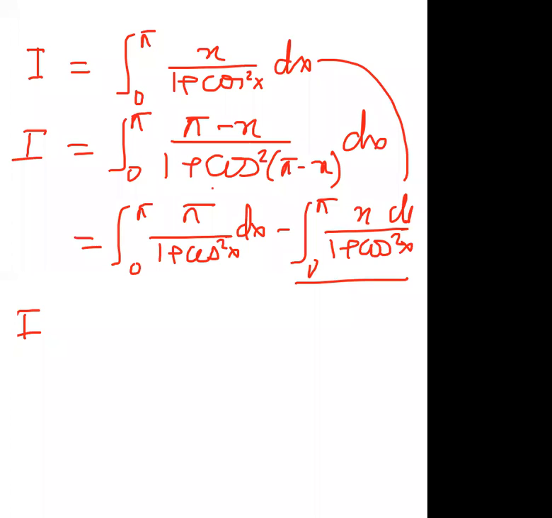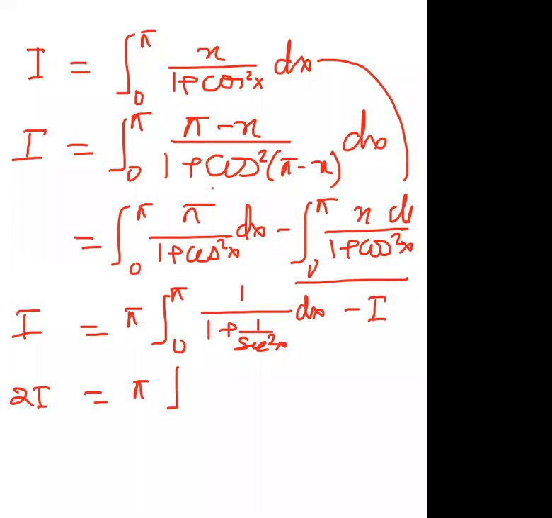Now for cos square x, I'm using a technique that is a little different: 1 upon sec square x dx, minus I. So 2I is equals to pi times the integral from 0 to pi of sec square x upon 1 plus sec square x.